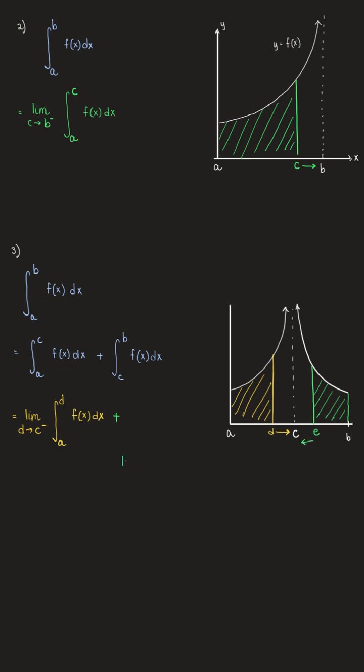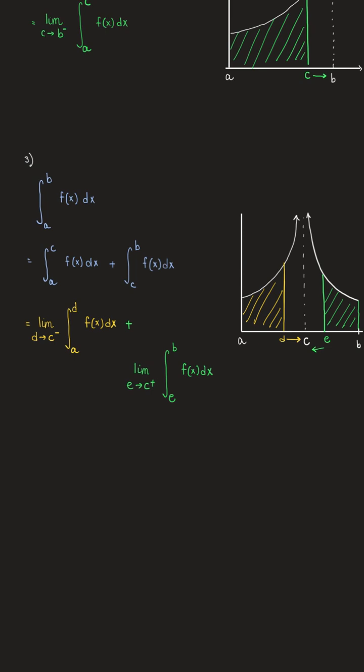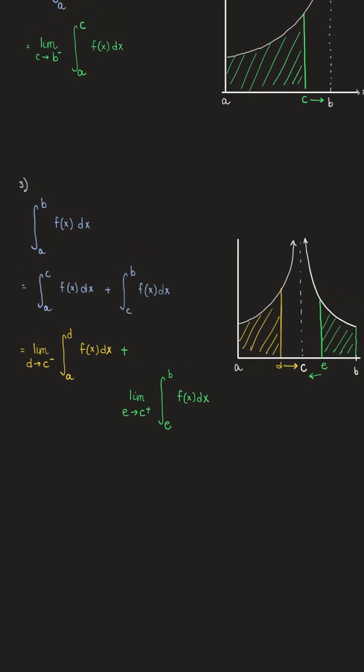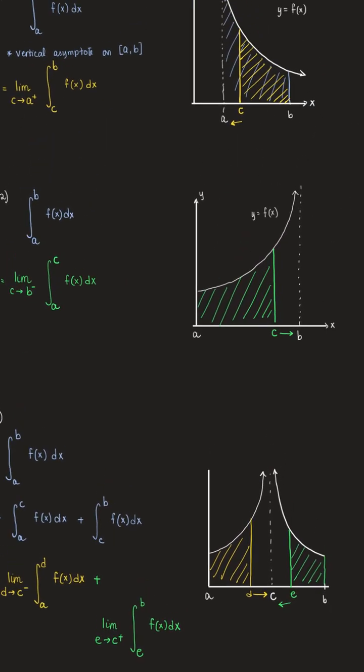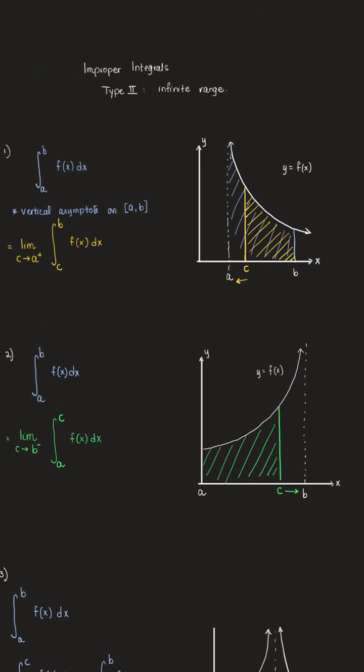So that's going to be a limit as e approaches c from the right, integral from e to b of f of x dx. And if both of these limits are finite, then we will say that the integral converges to the value that we find. But we need both of them to be finite. So this is how we tackle improper integrals of type 2.